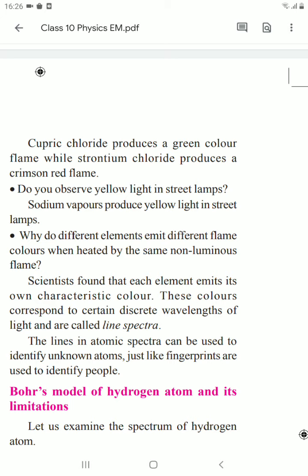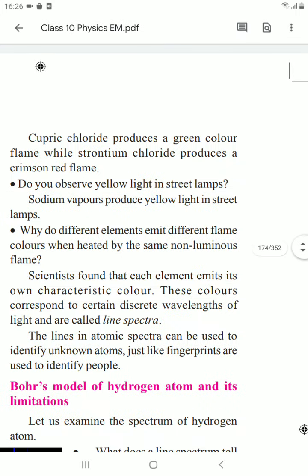If you mix it with concentrated hydrochloric acid, then we get a paste. That paste we have to place on a non-luminous flame. Then finally light energy will be emitted from that, in a green color. Exactly, it is a dark green color only. So cupric chloride will emit light energy in the form of a green color.